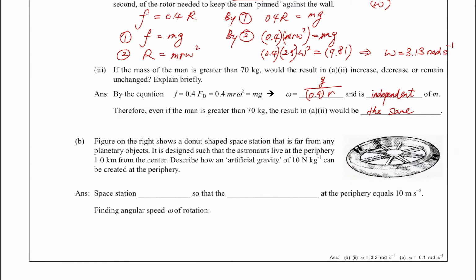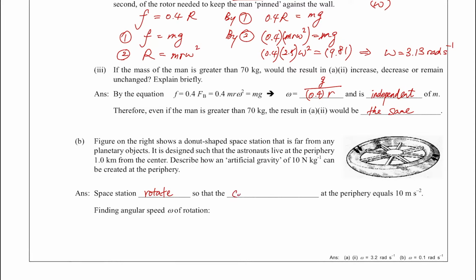Now we have similar things in space station. So we have a space station. It's designed such that astronauts live in the periphery, the perimeter of the space station, 1 km from the center. So how an artificial gravity of 10 Newton per kg can be created?